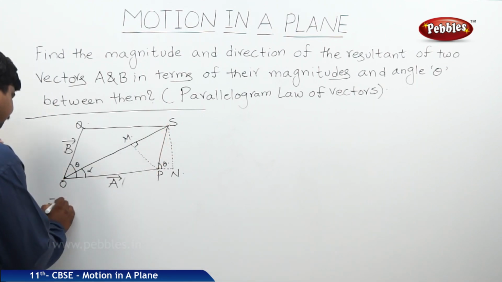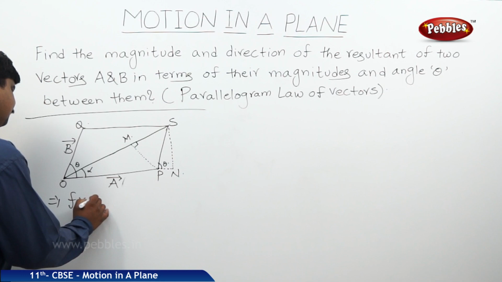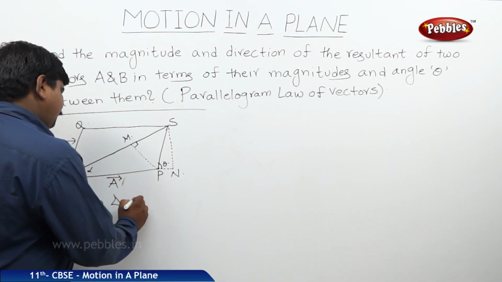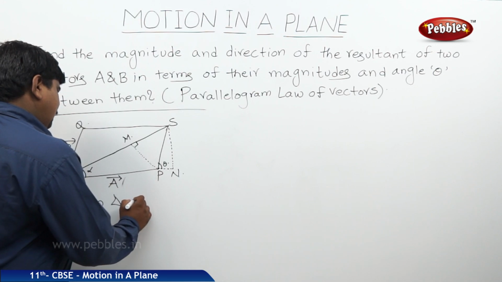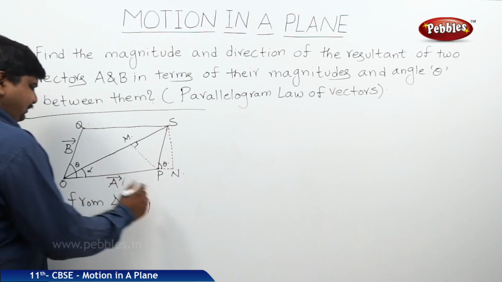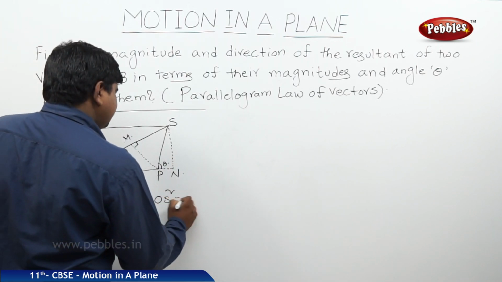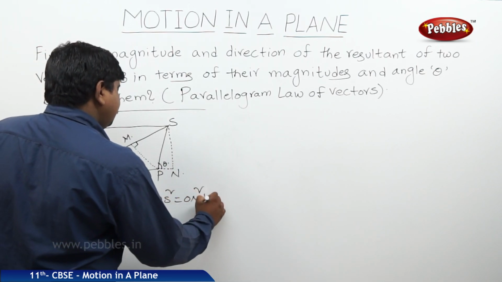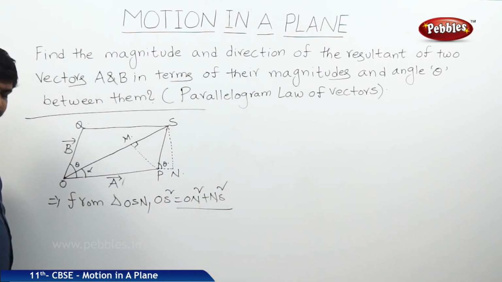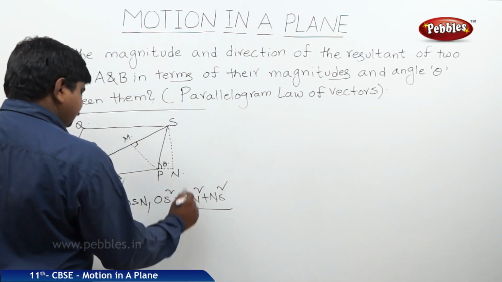Suppose from triangle OSN, this one, OS square is equal to ON square plus NS square. What is ON?